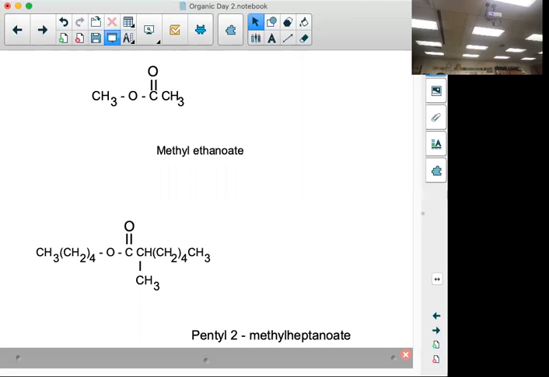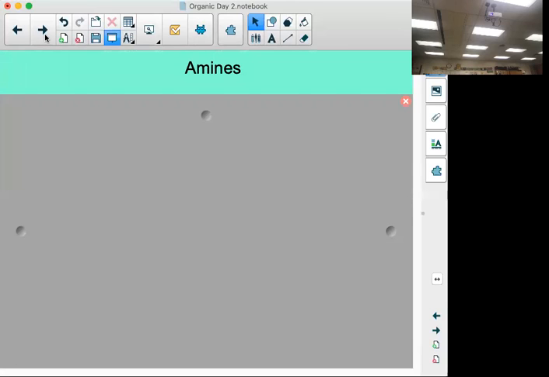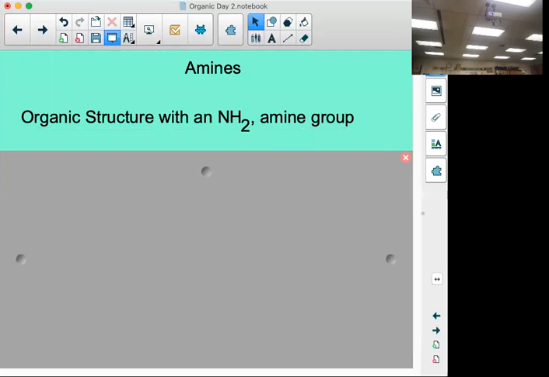Good. Fourth structure, amines. Amines are organic structures with an NH2 amine group on them.